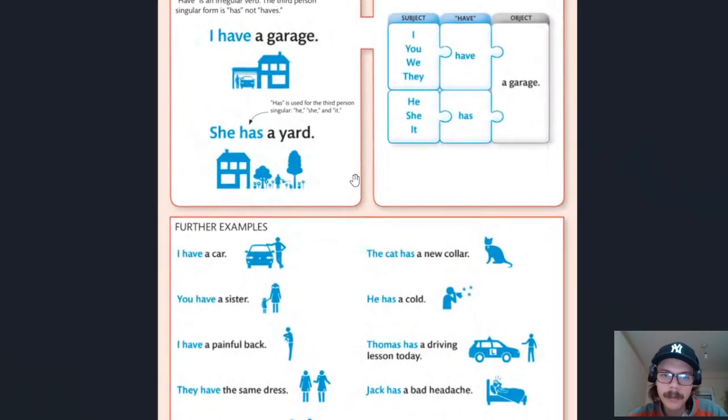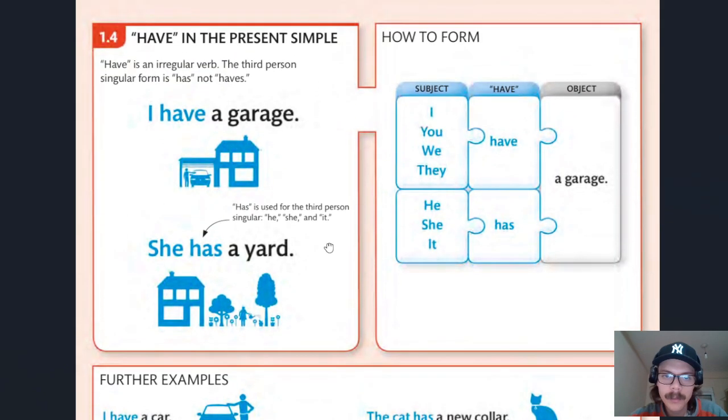For the final page we have here, we're going to be focusing on another verb that also doesn't quite follow the rules, similar to the situation with the verb be, and that is the verb have. So have is the base form, and the rule that we saw before does apply for the base form. So I, you, we, they, all of those use have.